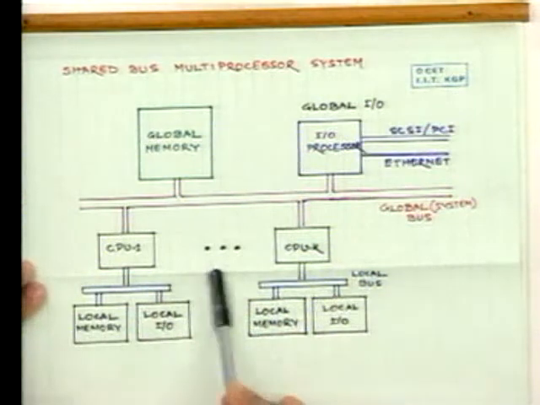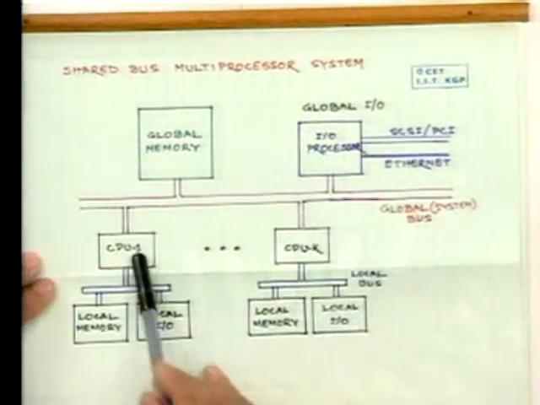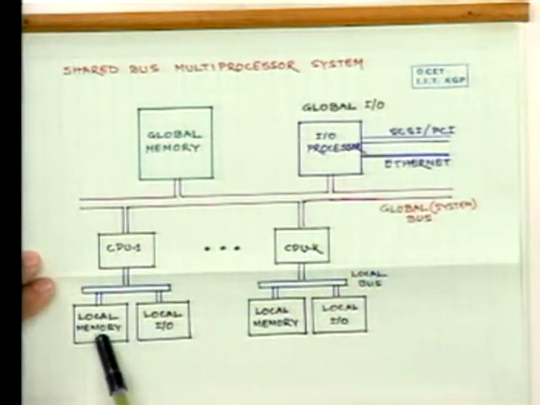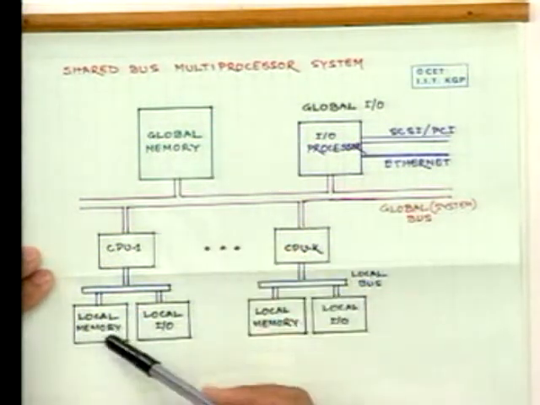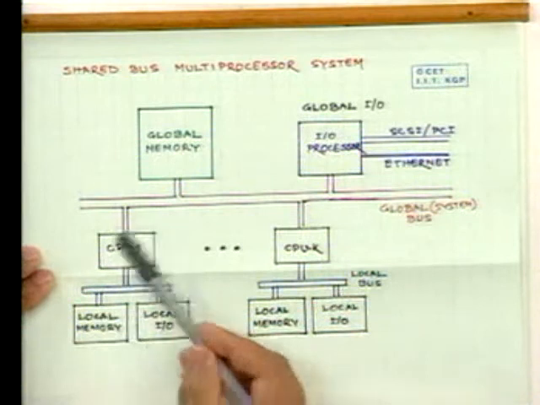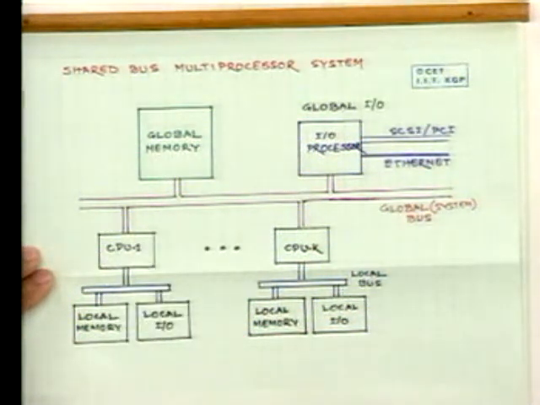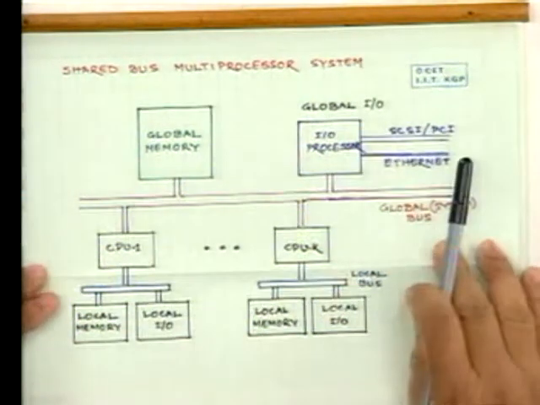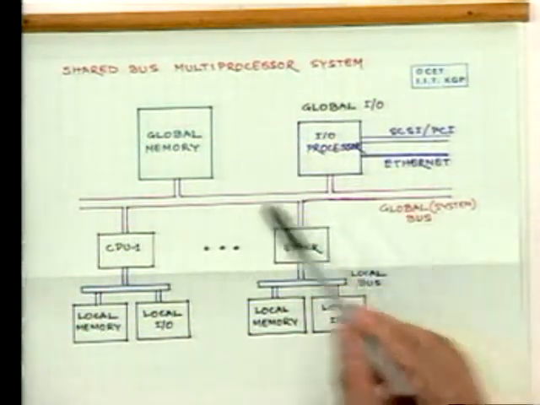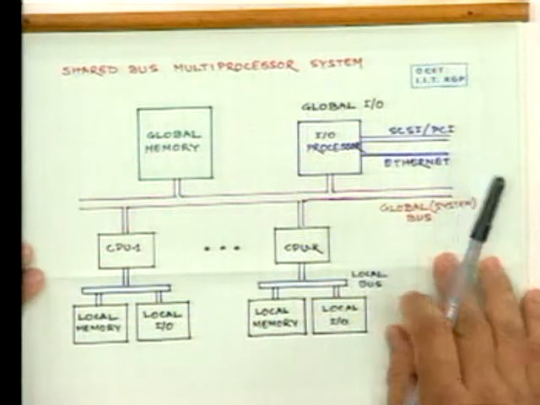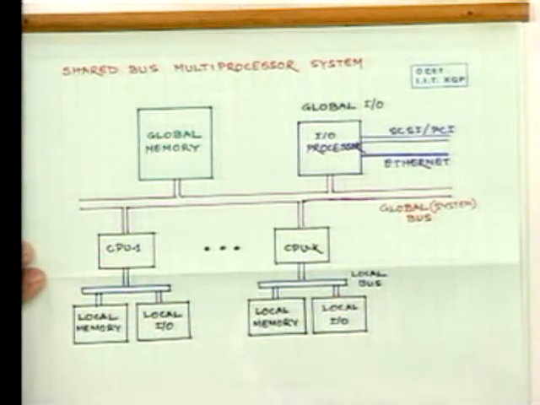Of course, in the tightly coupled system also, the CPUs can have their own local memory and the local I/O. In that case, a process is downloaded into a local memory and that CPU executes that process. Now, that's more or less the overview of the multiprocessing that we wanted to discuss here.